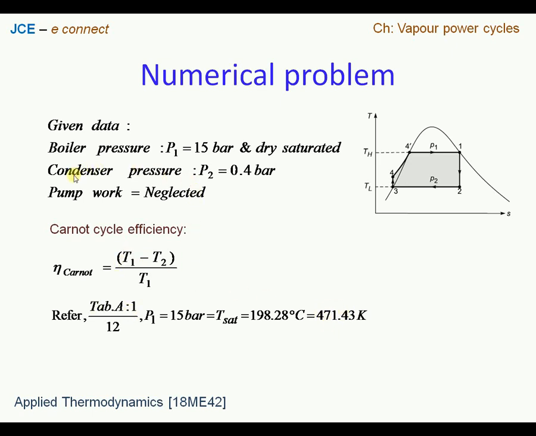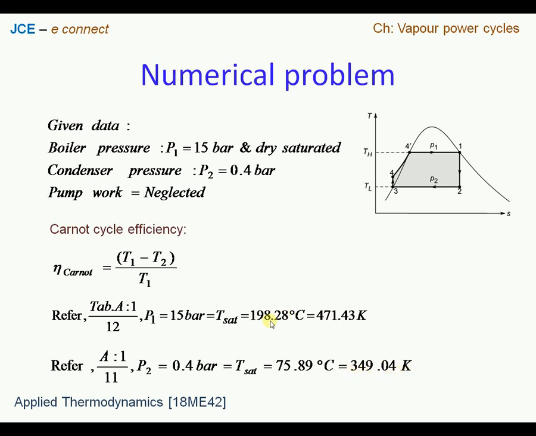Similarly, noting the condenser pressure as 0.4 bar, referring to the steam table A1, page number 11, for a pressure of 0.4 bar the corresponding temperature is 75.89 degrees Celsius. Once we convert that to Kelvin by adding 273.15, we get 349.04 Kelvin.